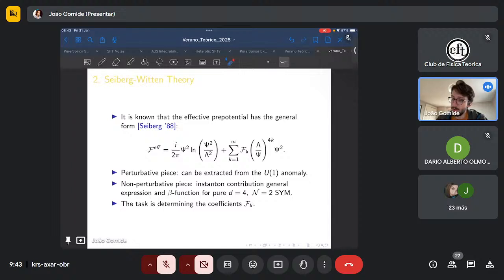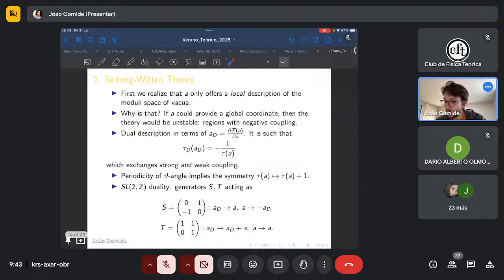For this theory in particular, the non-perturbative piece has this phase here, and we want to find what this whole thing is, but in particular, the difficult thing we want to do is determine how we can get these F's for the non-perturbative piece.